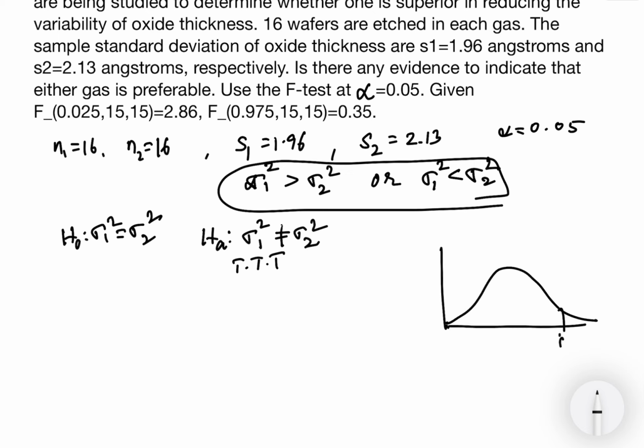So anything above F alpha by 2 will be rejected, and anything below F 1 minus alpha by 2 will be rejected. Alpha is equal to 0.05, so alpha by 2 would be equal to 0.025. So therefore F 0.025 at 15 degrees of freedom in both the samples is given as 2.86, and F 1 minus alpha by 2, which is F 0.975 at 15 degrees of freedom in both the samples, is given to be equal to 0.35.